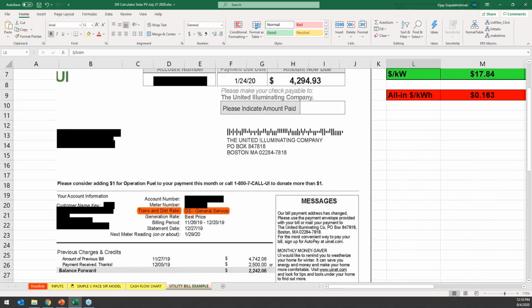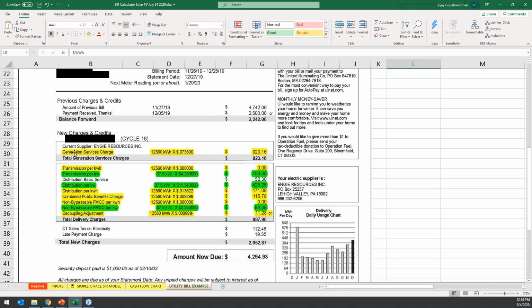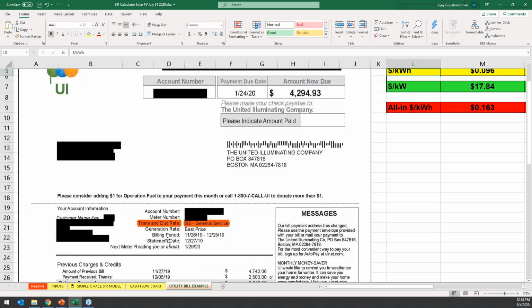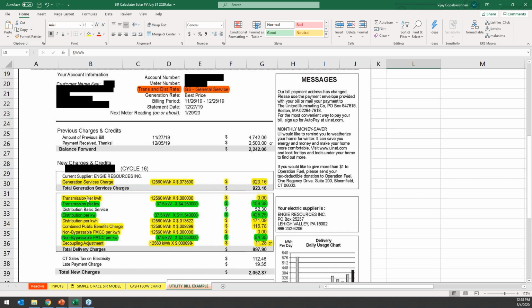So with that, we go into the actual bills. We see there's a generation services charge in kilowatt hours, and that's about 7.35 cents a kilowatt hour. So we include that in yellow, which means it's a kilowatt hour charge, as we saw right up here in yellow. Transmission per kilowatt hour, there's no charge associated with that from this particular bill.